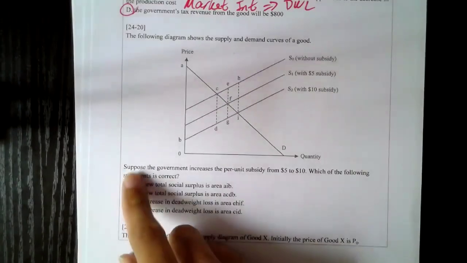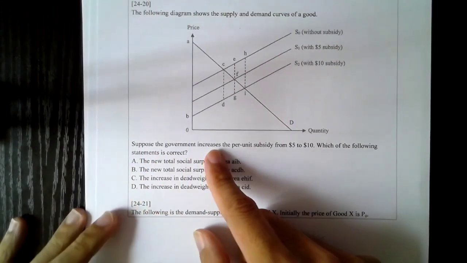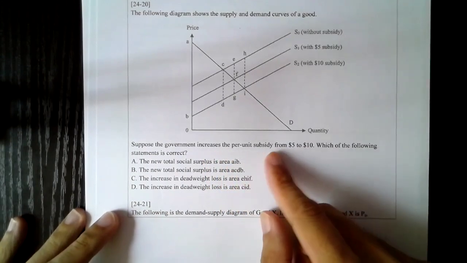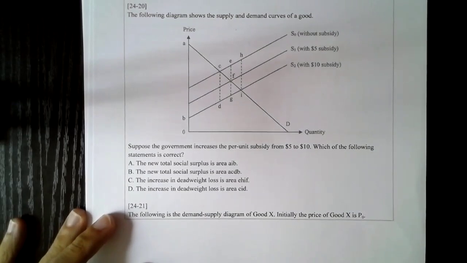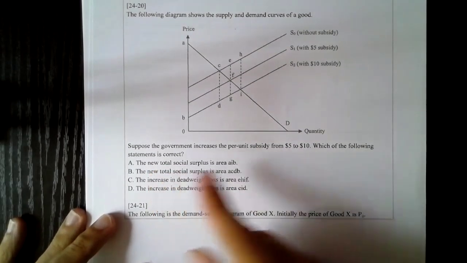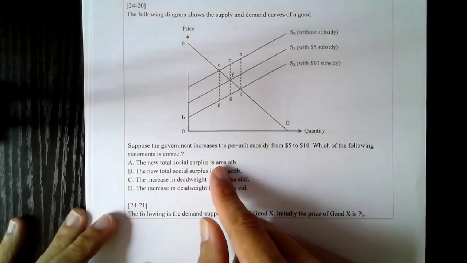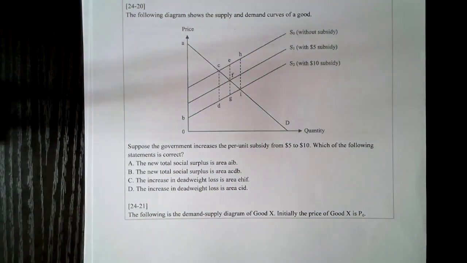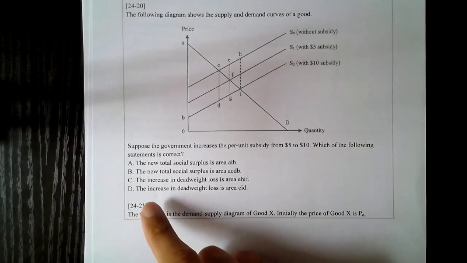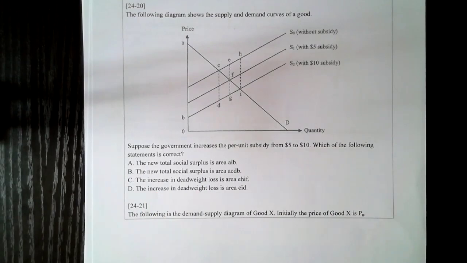It says, suppose the government increases the per unit subsidy from 5 to 10. Now, which of the following statements is correct? Let's look at it. The new total social surplus, okay, let's be careful, right?